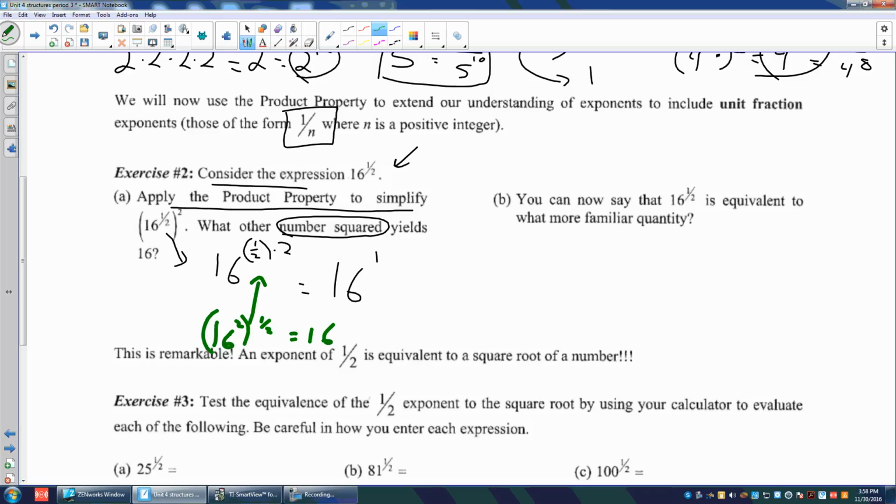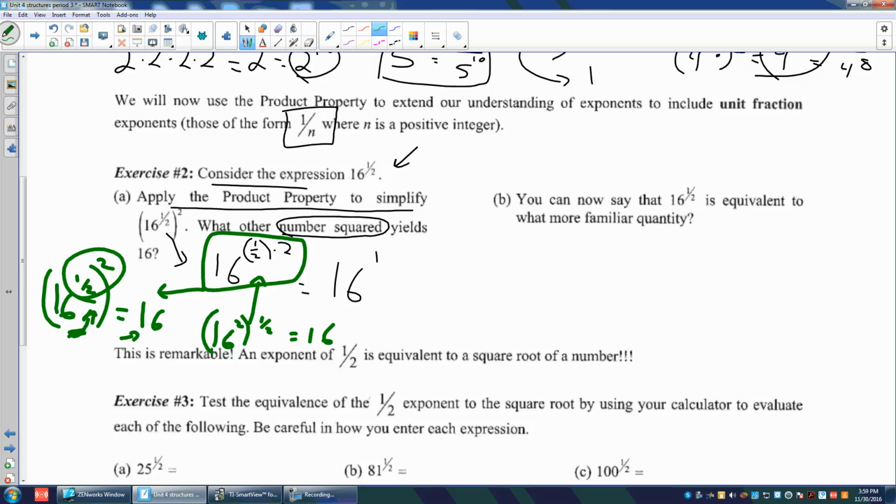Now, originally, this up here is saying 16 to the 1/2 power, and then we're going to square it, and we're going to get 16. How in the world are we going to do something to a number and then get that same number out? Must be the identity property, or inverses. They're inverses of each other.